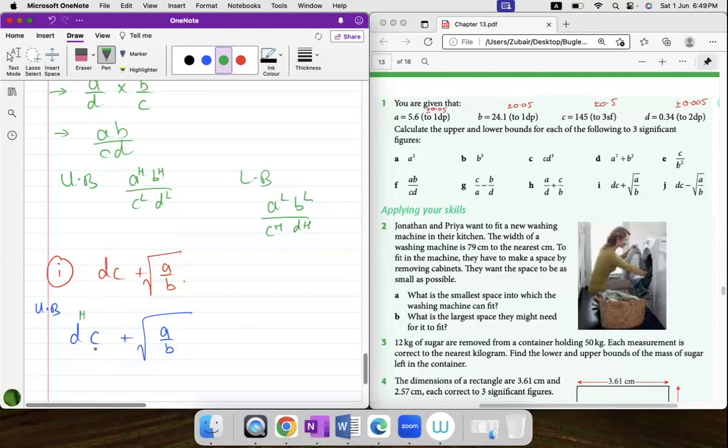Correct. And C is higher as well. A and B: A is higher, and then B is lower. That's right. So this will give us the upper bound. Now the lower bound: DC plus the square root of A over B. So D would be lower, C would be lower, A would be lower, and B would be higher. Correct.